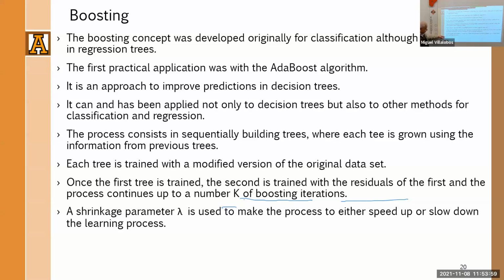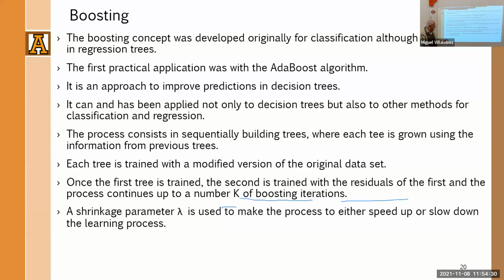Once the first tree is trained, the second is trained with the residuals of the first tree, and the process continues up to a number k of boosting iterations. K can be anything, can be 100, can be whatever. We use a shrinkage parameter, which we call lambda, to make the process either speed up or slow down.